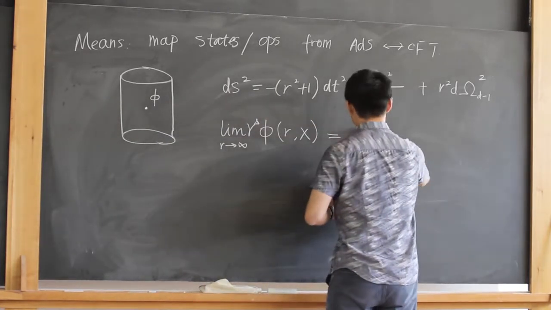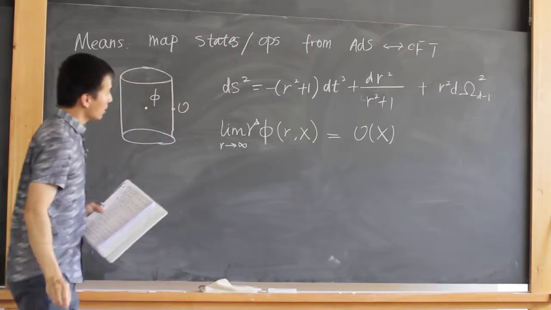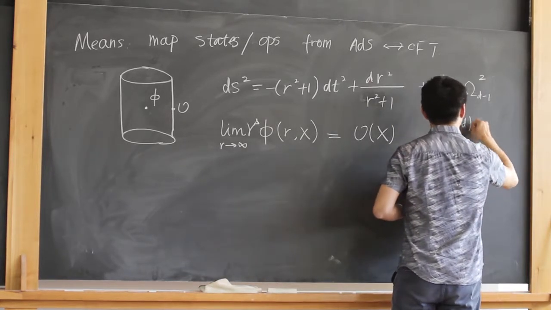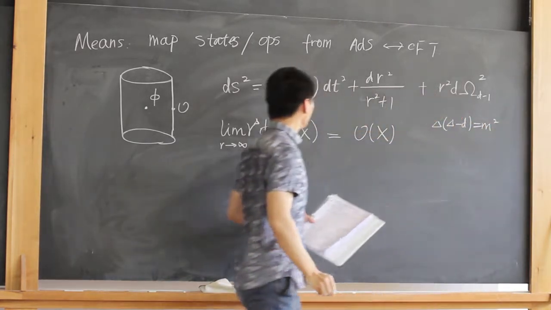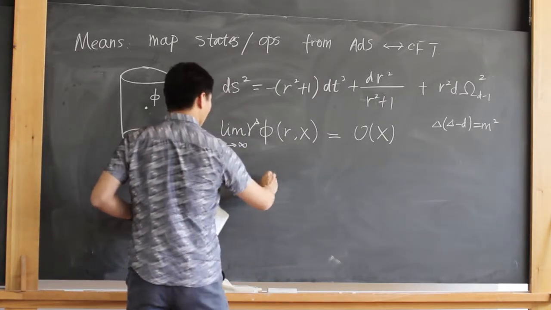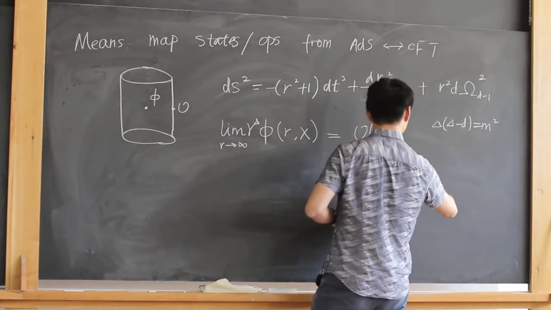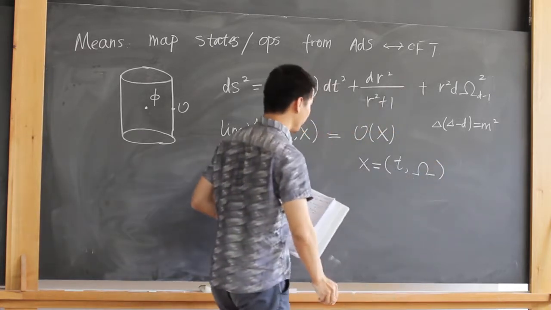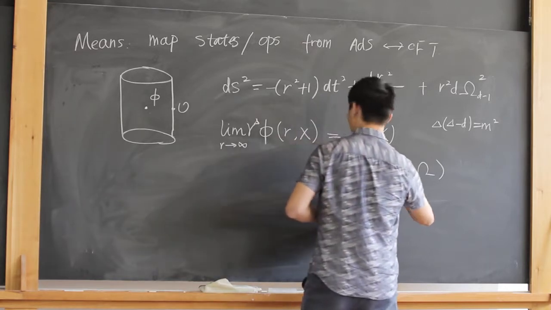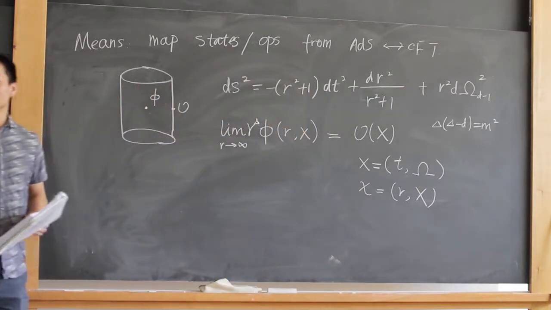And this gives a boundary operator O. So delta is related to the mass of the bulk field by some relation. And just to be sure about the notation, X stands for a collection of the boundary coordinates, T and omega, the spherical coordinates. And I will sometimes also use little x to denote the collection of all bulk coordinates. That means r and capital X.